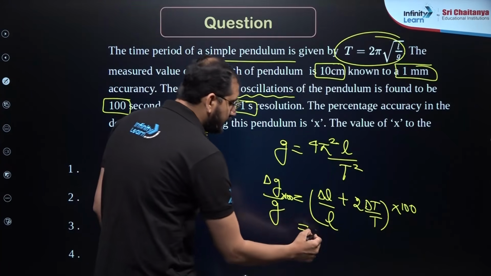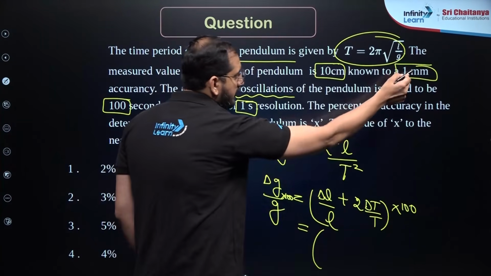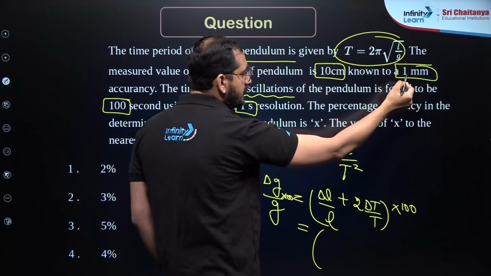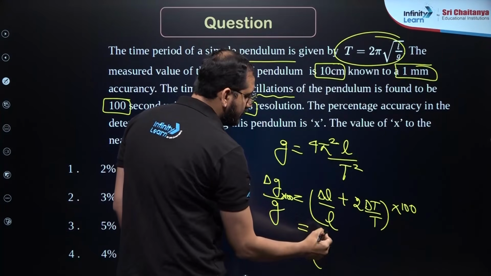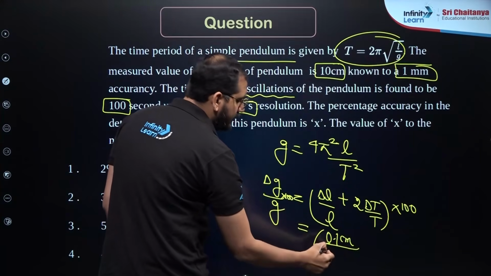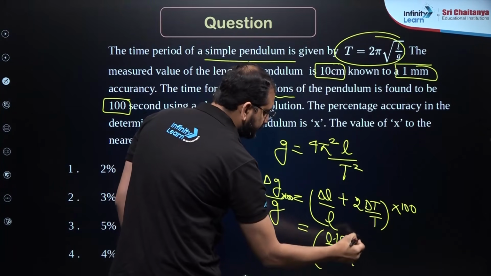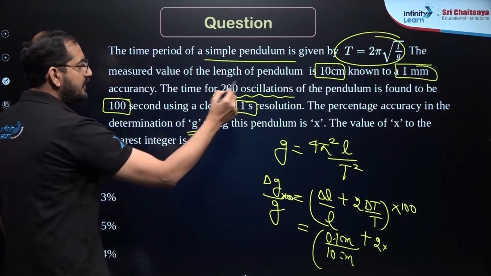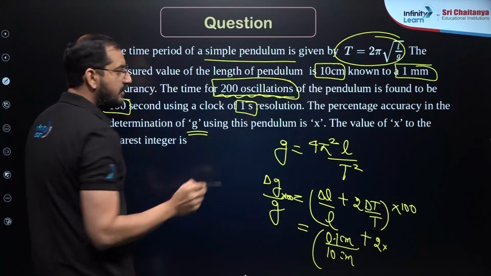Let's see the value placement. Delta L we will put here as 1 millimeter, and this is 10 centimeter. So let's better write 1 mm as 0.1 centimeter, and this is 10 centimeter. 2 times delta T. So I am taking my base as 200 oscillations.